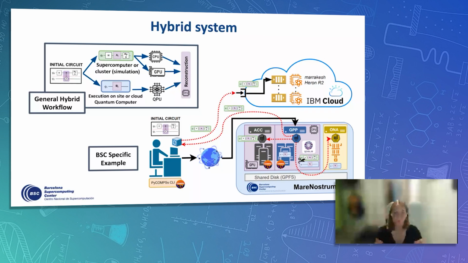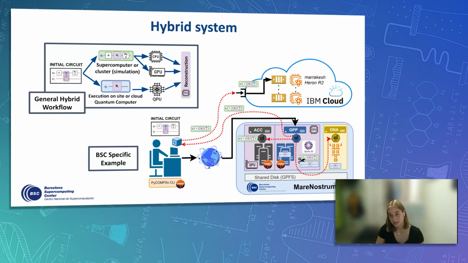With the ACC partition, with the GPUs, it is easy because they are connected. But with MareNostrum ONO, right now they are not connected. They are different clusters, even though in the future that's going to change. But the good thing is that, although they are different clusters, they share the file system. And we were able to communicate with these two clusters through the file system.